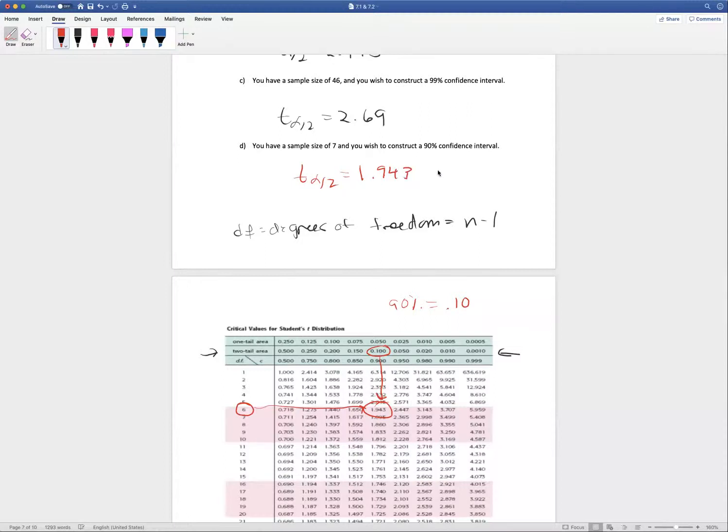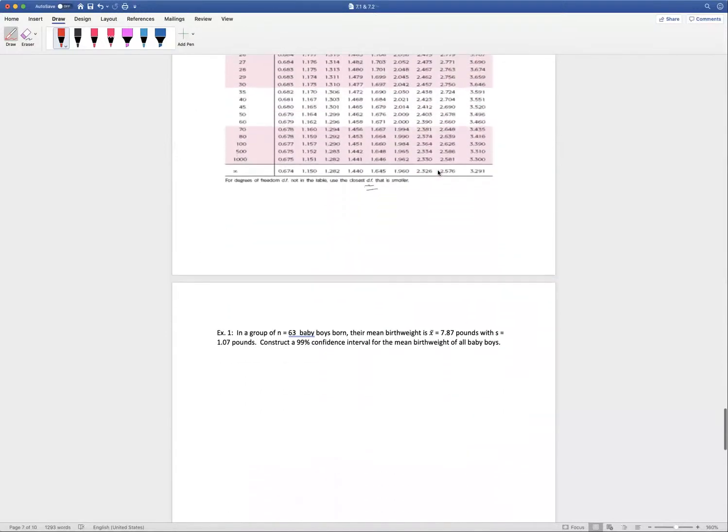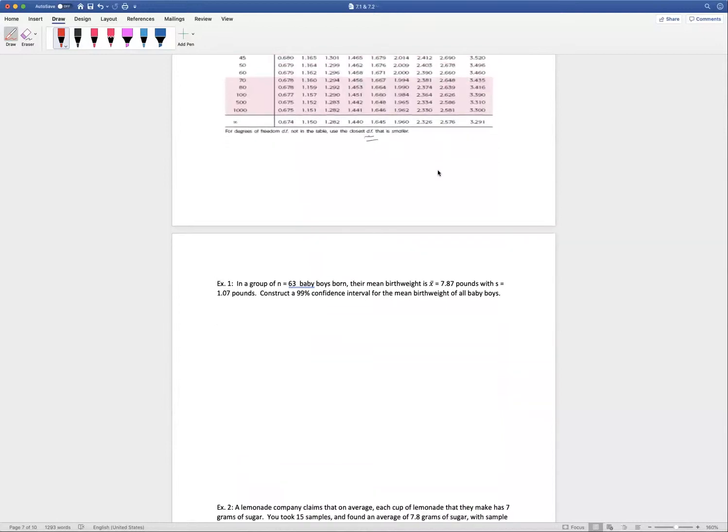All right, so now that you're comfortable with reading these charts, let's finish with doing one or two examples of how we can construct confidence intervals given information about the sample standard deviation rather than the population standard deviation. In the next few examples, you're going to notice that we give you information about s.